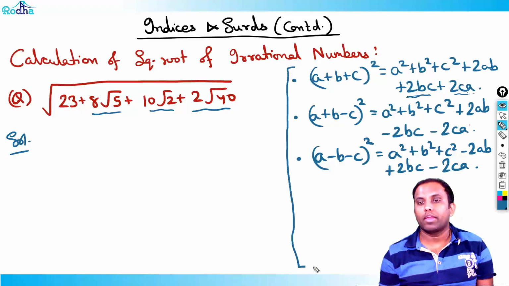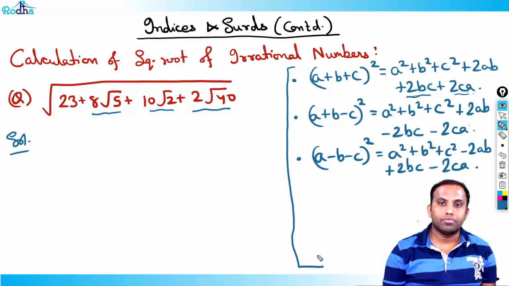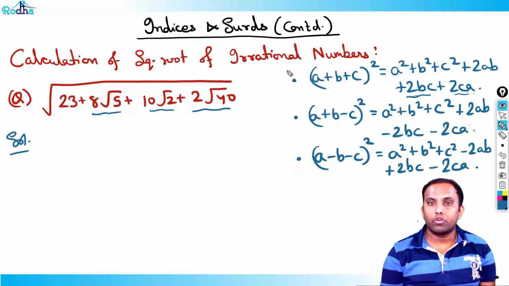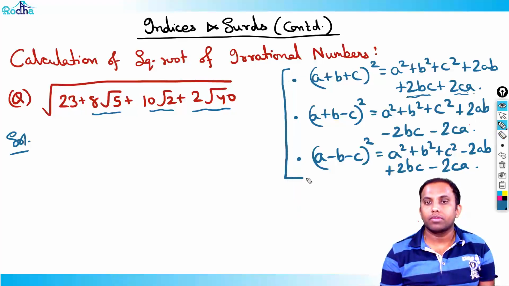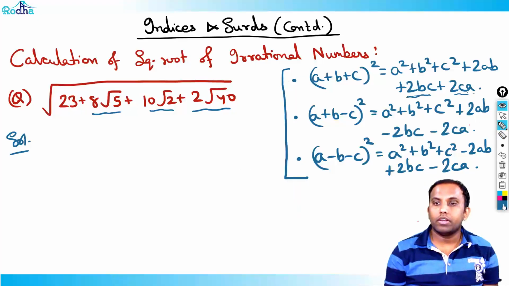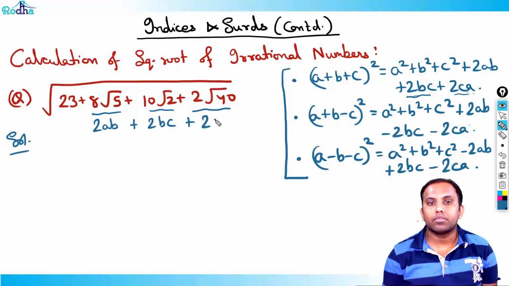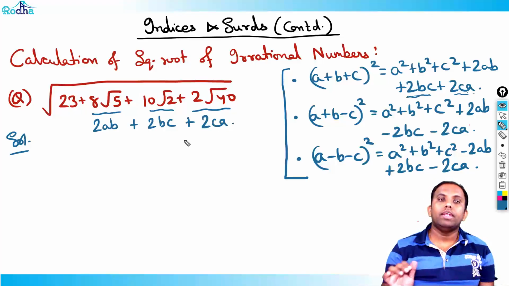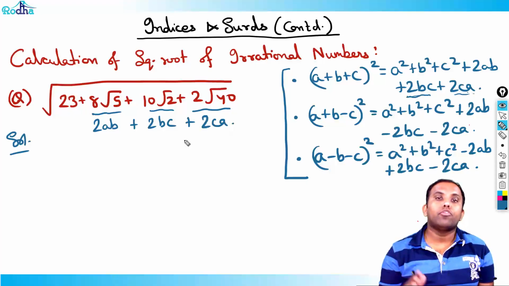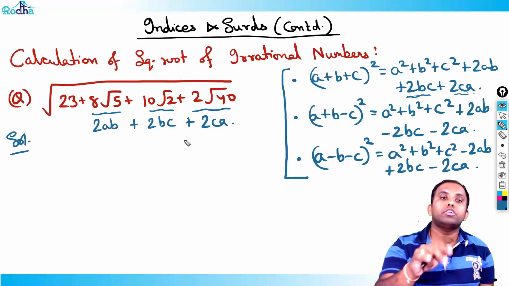Fine. Now you see here, very important question, very important concept. In this question we are observing that there are 3 square root terms, so it should be converted like 2ab plus 2bc plus 2ca. Our hit and trial will continue, but before that I have to convert into this 2ab form.